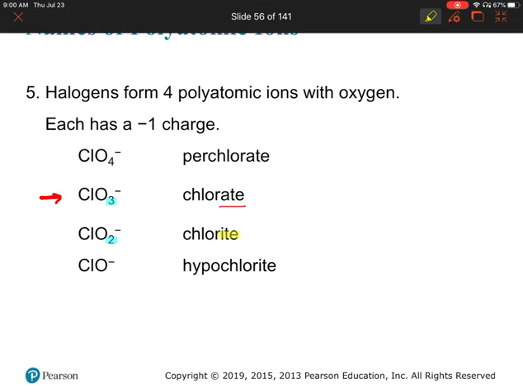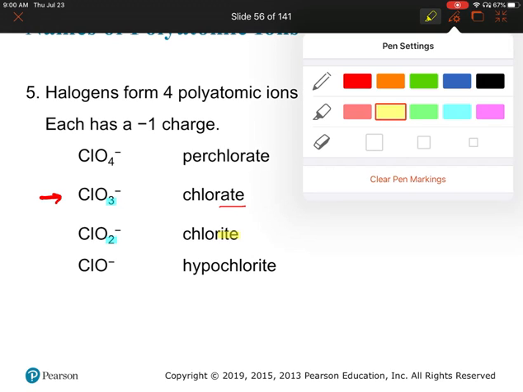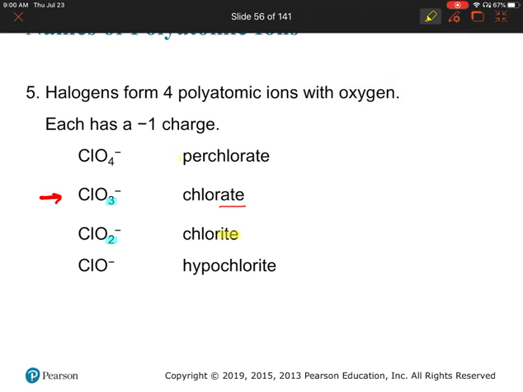If you have an extra oxygen, ClO4 minus, we're going to add a prefix to the name. So instead of chlorate, we have perchlorate. Now, what if we go all the way to the bottom of this list and chlorine's only bonded to one oxygen? We're also going to add a prefix, hypo, but we're still keeping that chlorite name.